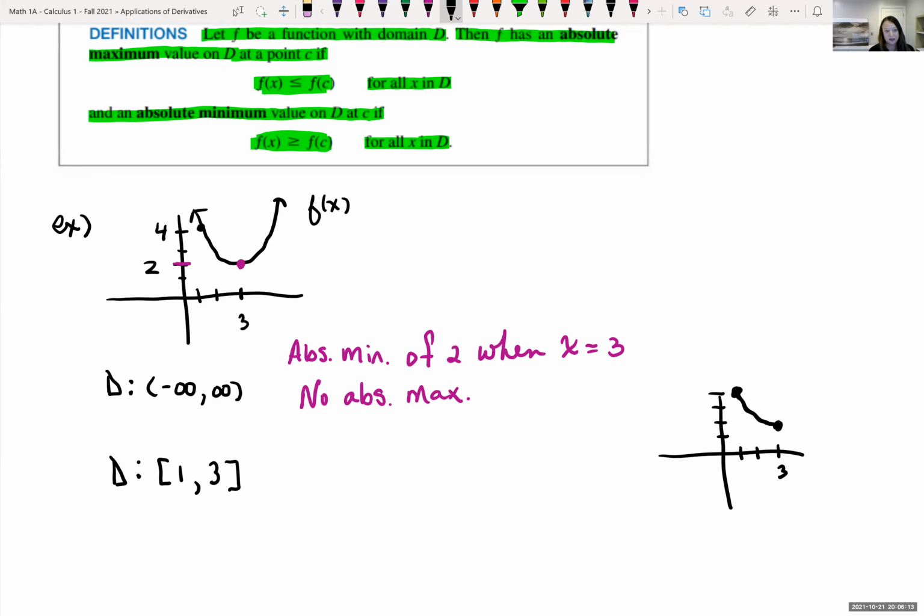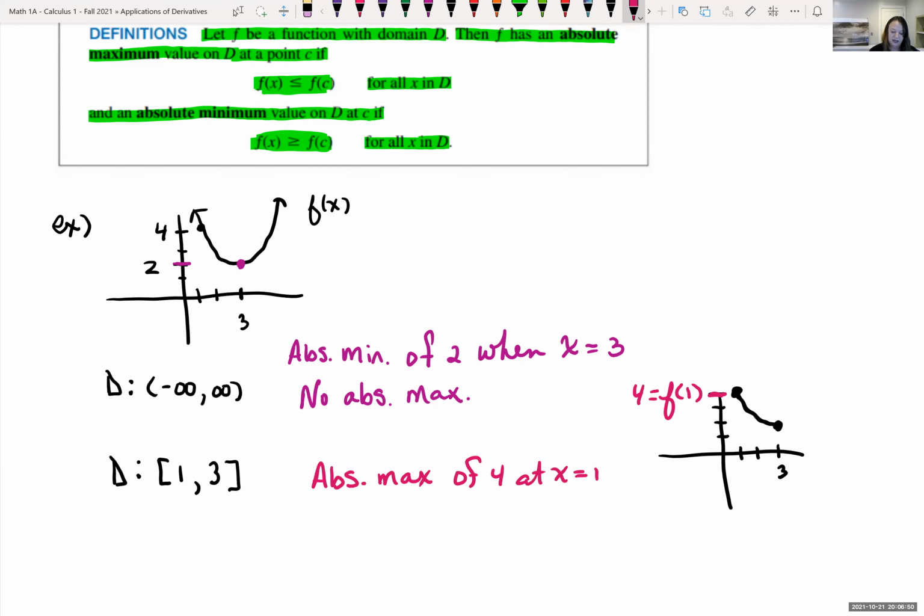Since we've limited the domain and it's on a closed interval, this is what our extreme value theorem is bringing us to: this actually has an absolute max and an absolute min. There is a highest value that we're hitting on this graph, and that is our f of 1 value, which is 4. So we have an absolute max of 4 at x equals 1.